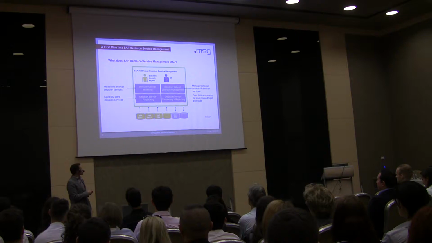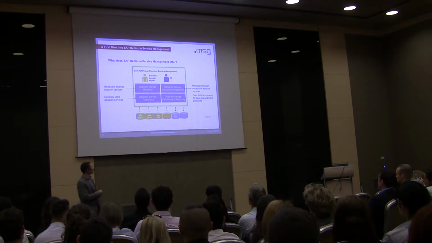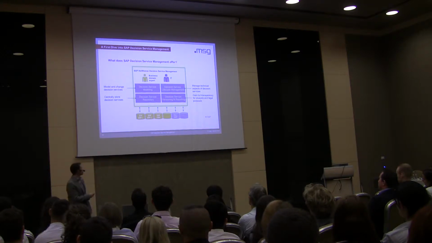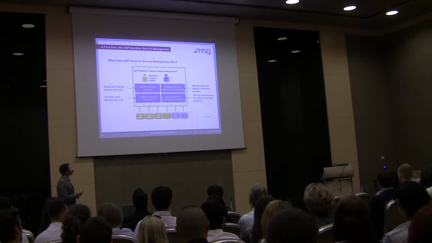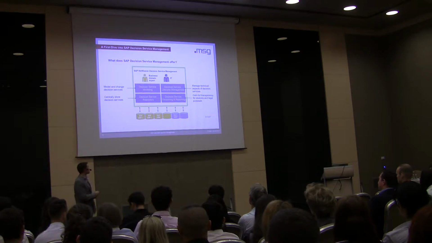And there are some decision service lifecycle management tools in order to manage all aspects from a technical point of view, and you have some decision service versioning and reporting within the system. These are more technical components that are more or less owned by IT, so business doesn't want to see that stuff, and this is more the stuff that IT is interested in.